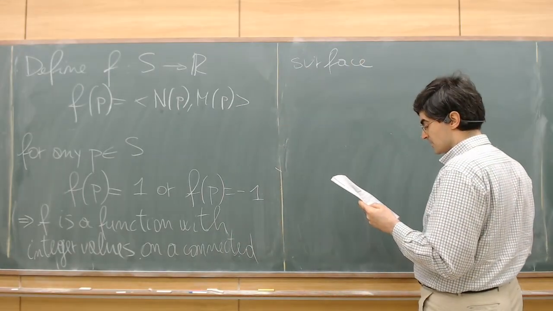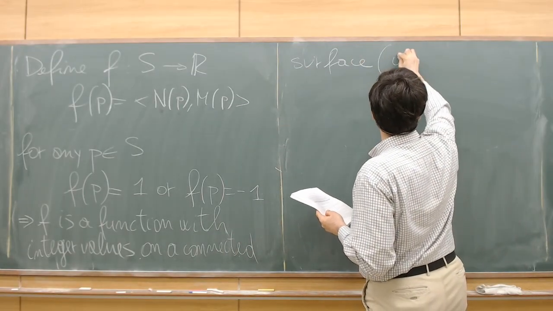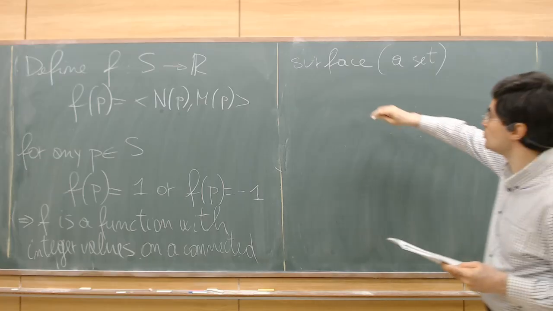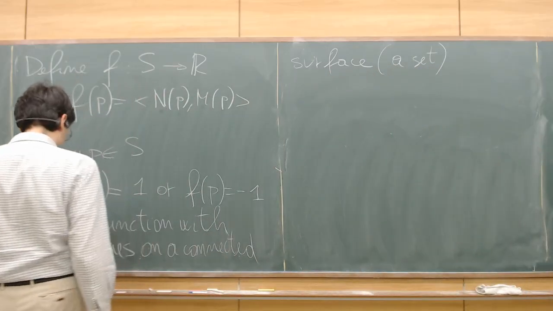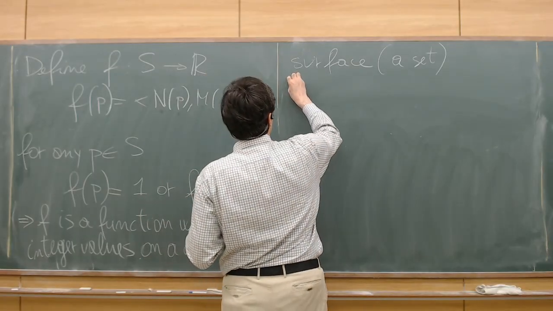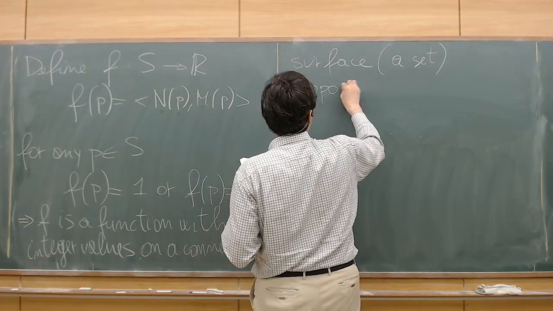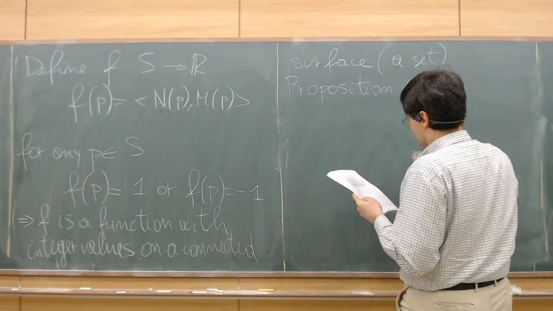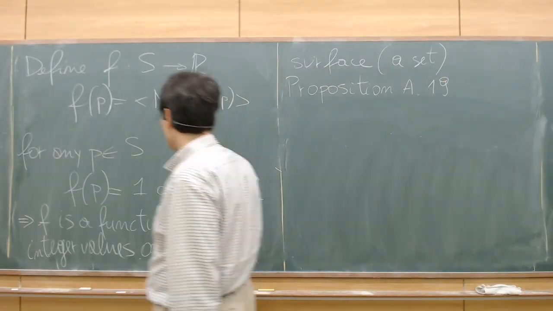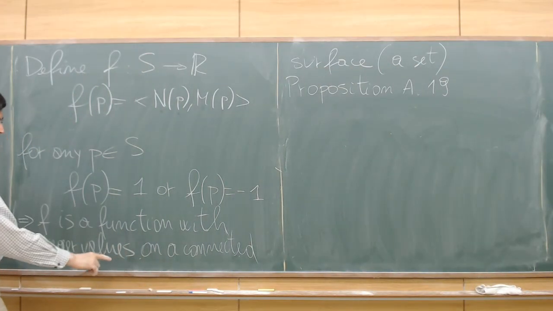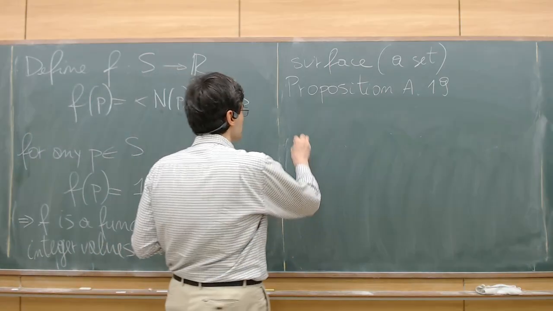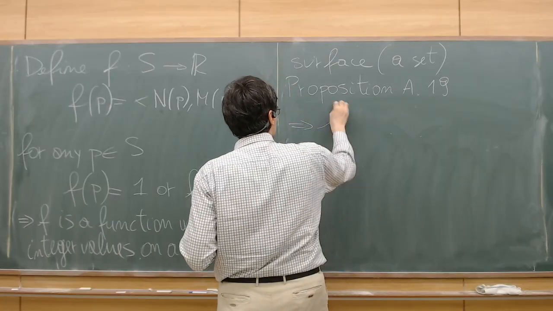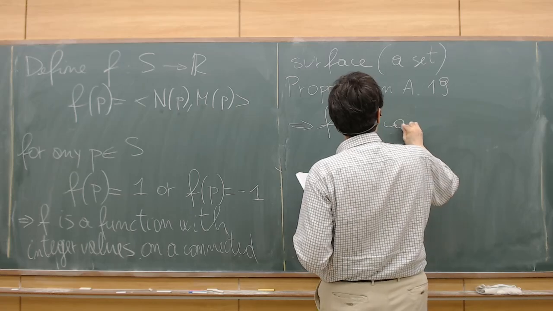A surface is a connected set, and then you use proposition 8.19 from the appendix, which says that a function with integer values defined on a connected set has a constant value, so this implies F is constant.